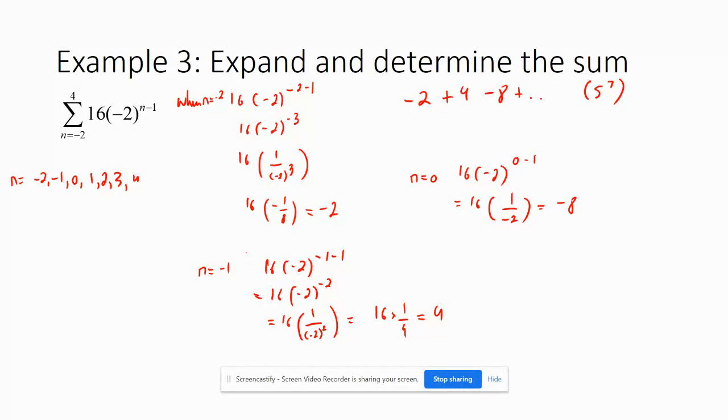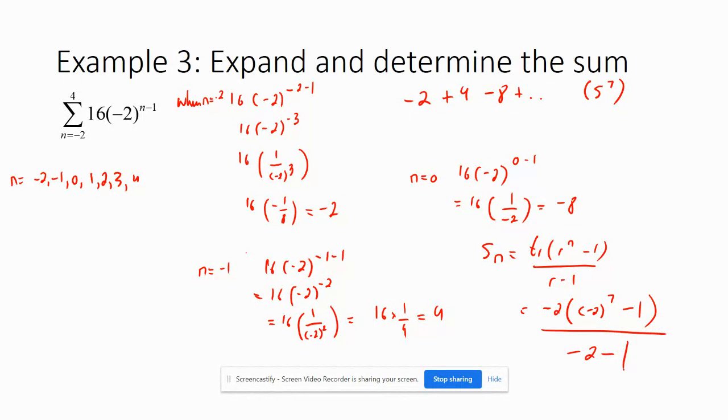Now I'm going to take a look at my geometric series formula. Sn equals T1 times r to the n minus 1 over r minus 1. T1 is negative 2, and my common ratio is negative 2. So it's negative 2 to the power of 7 minus 1 over negative 2 minus 1.